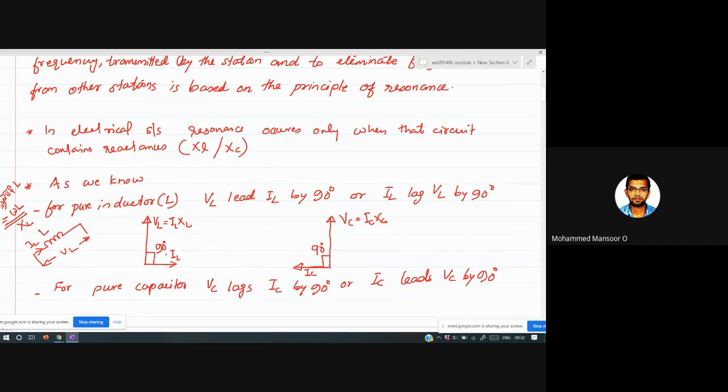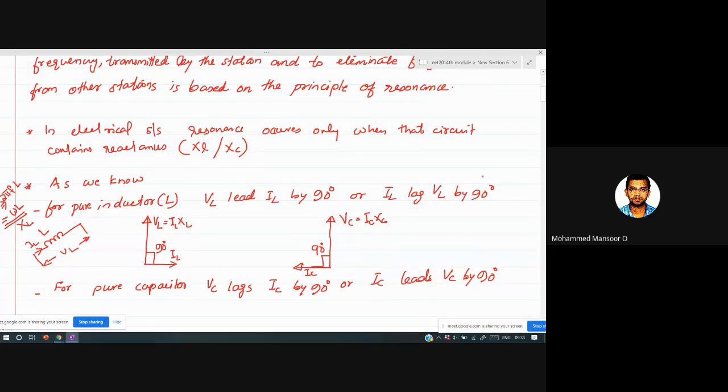Therefore IL is lagging VL by 90 degrees. When we take IL as reference, VL is anti-clockwise with respect to IL by 90 degrees, so VL leads IL by 90 degrees. When we take VL as reference, IL lags VL by 90 degrees.